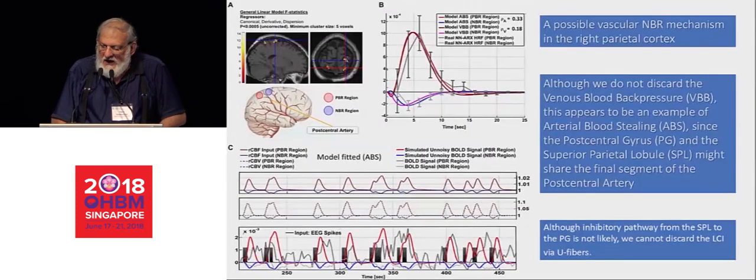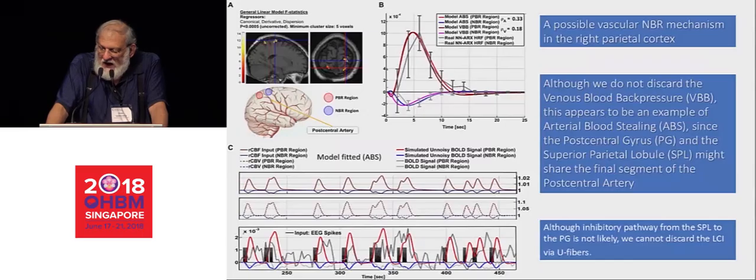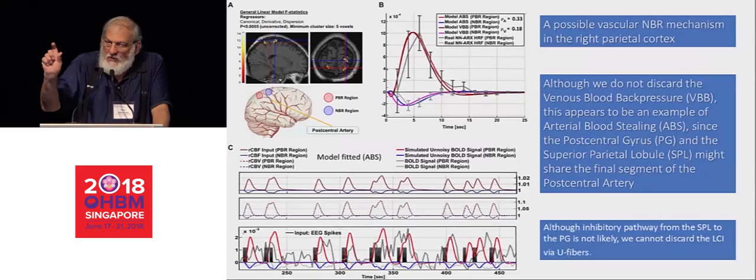Finally, this is a third case where you see a different possible mechanism, and here, though there's no actual discounting of the venous blood back pressure hypothesis, this appears to be more, and remember that we didn't get a good discrimination in the machine learning method between these two, but it is most probably an arterial blood stealing.